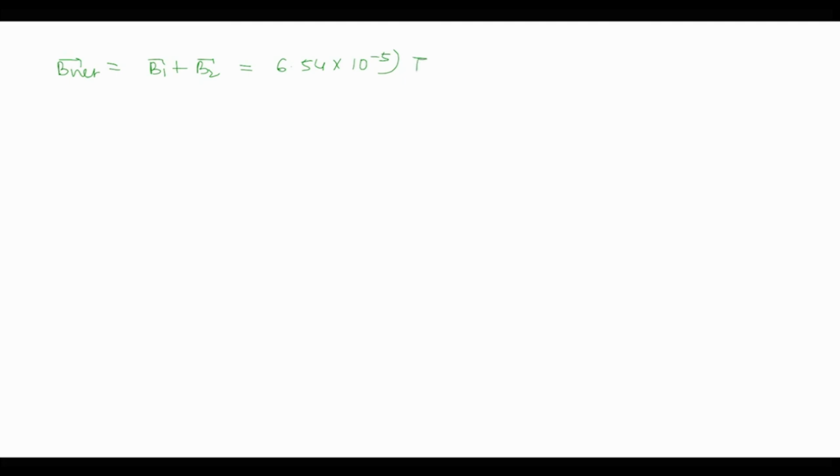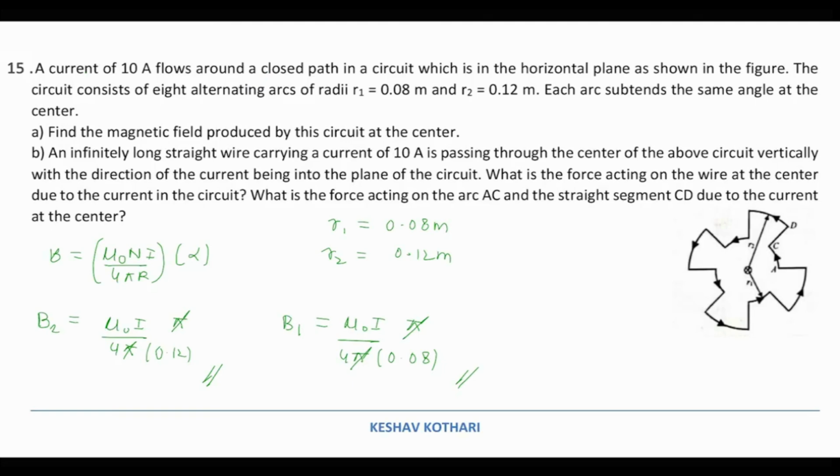So this is the value of the magnetic field that we obtain, 6.54 into 10 to the power minus 5 Tesla, which is directed outwards.